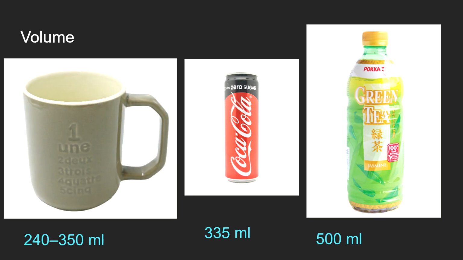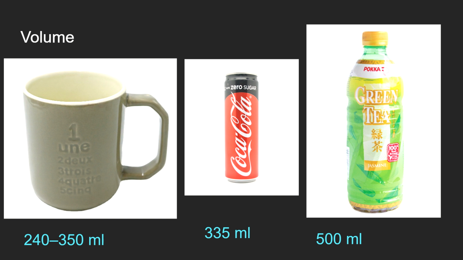And then for volume, instead of giving by the 100 ml to 500 ml, I give some common objects that we see in our everyday life. For a cup, it's around 240 to 350 ml. For Coca-Cola, canned drinks like that, usually those that are thinner, is around 335 ml.